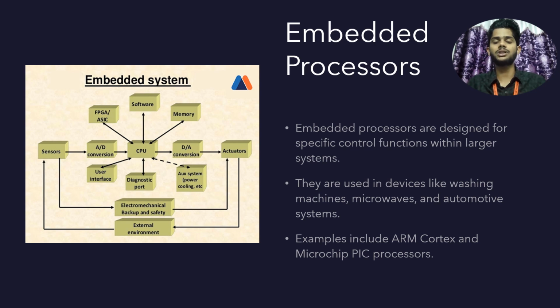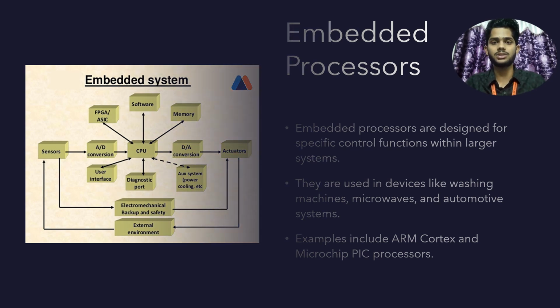Embedded processors are used with large systems or machines which have larger functions. General purpose processors are used for specific tasks with only some smaller functions, whereas embedded processors are used with larger functions in larger systems.